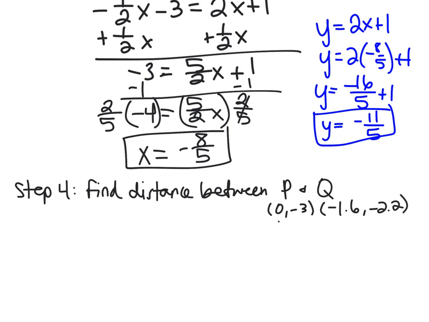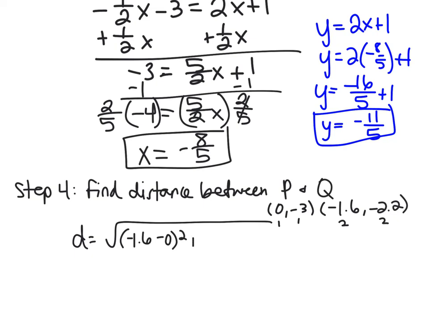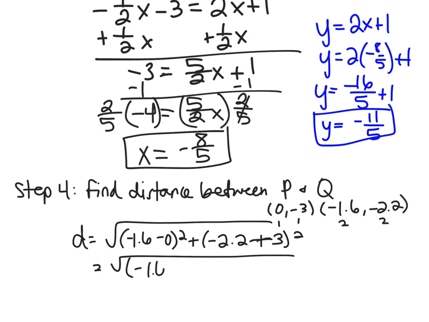So we plug that in. P will be my 1s, Q will be my 2s. Negative 1.6 minus 0, and negative 2.2 minus a negative 3, which is just plus. Okay, so we get negative 1.6 squared plus 0.8 squared.